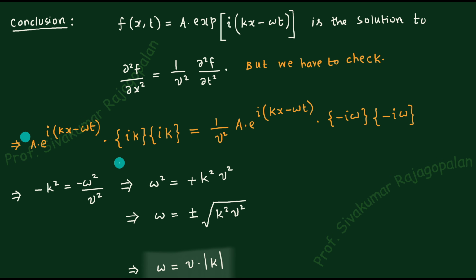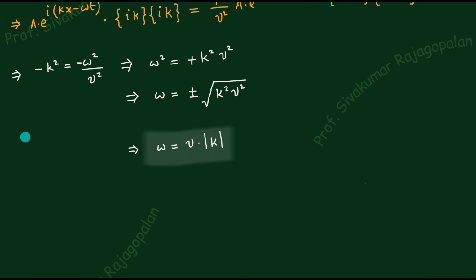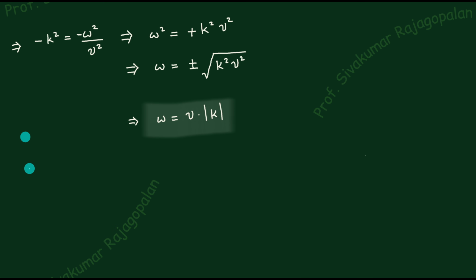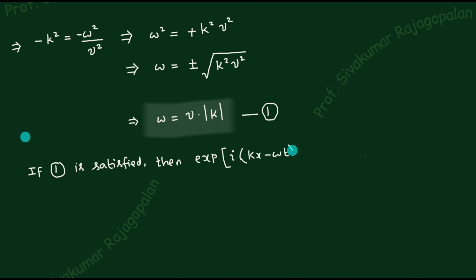So for this wave equation, it is not naturally true that both sides are equal, and therefore I'll write down the meaning of this conclusion. If this is equation number 1, then we say that only if equation number 1 is satisfied can we say that e to the power of i(kx minus omega t) will be the solution to the wave equation.